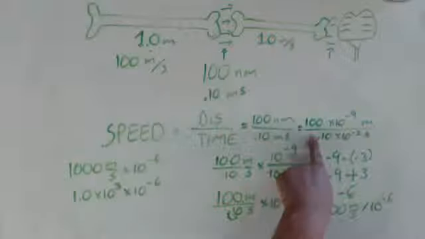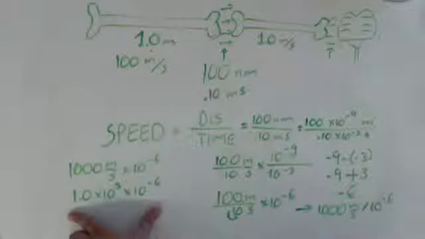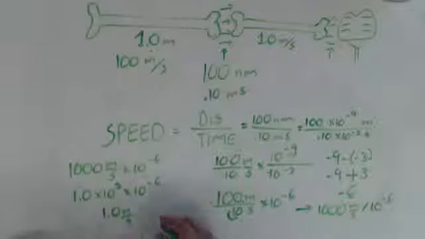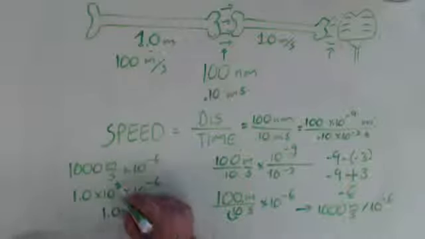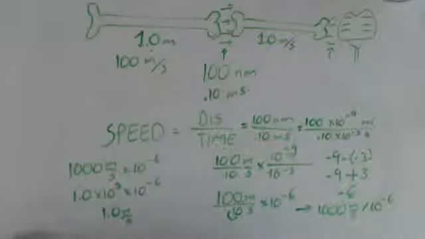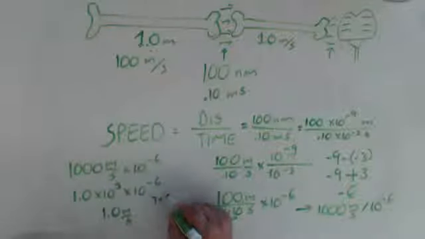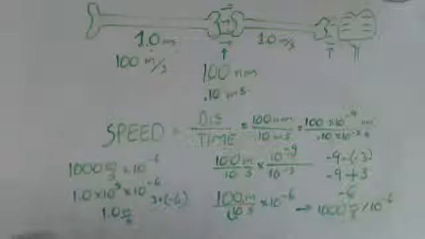So in this case, I subtracted when they were divided. In this case, I have multiplication, so I'm going to add the exponents together. That's going to be 1.0 meters per second, and 3 plus a negative 6.